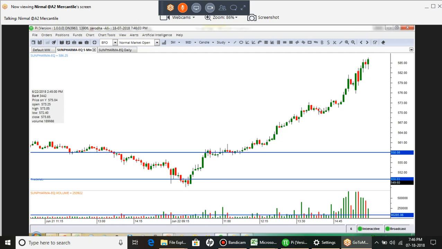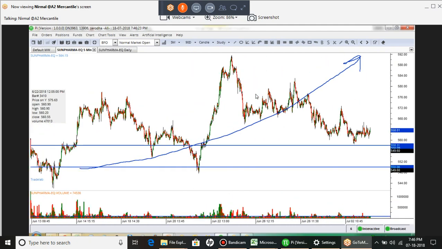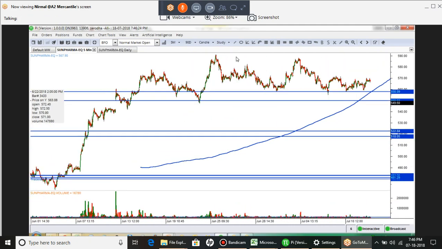Do you see the movement? People tried selling it over here, or maybe people got out of this position. Then slowly and gradually, it held. So this is how the movement in broader stocks will happen.